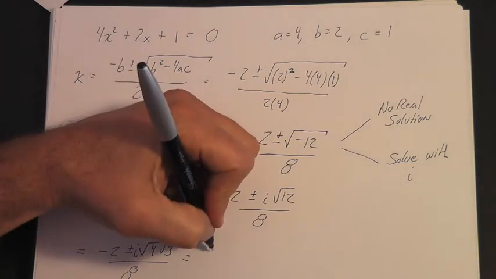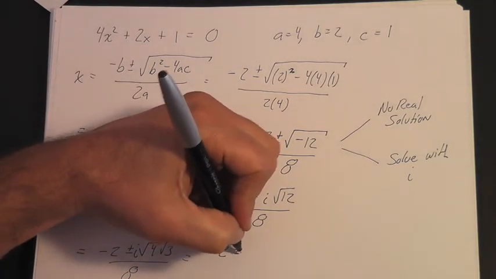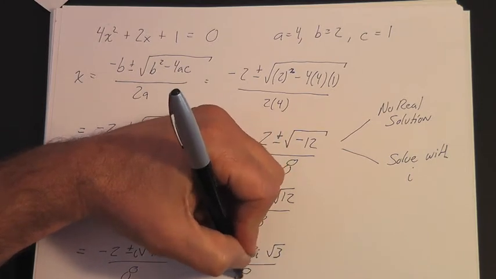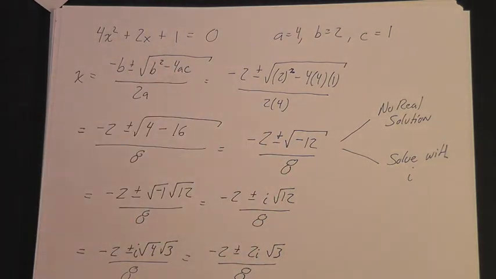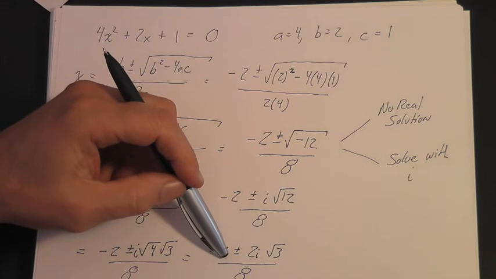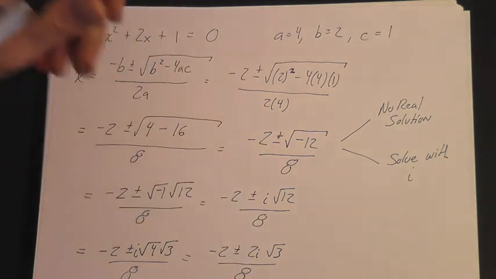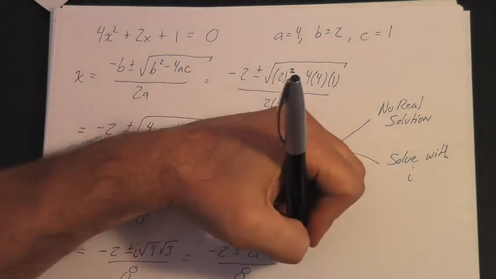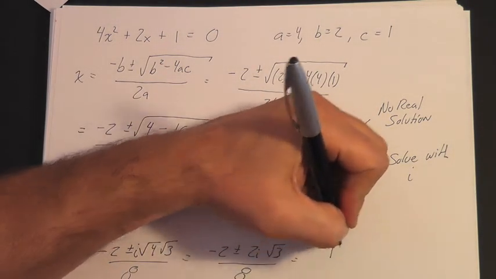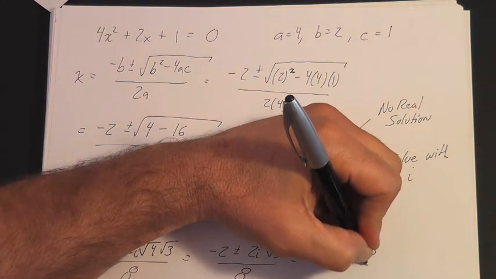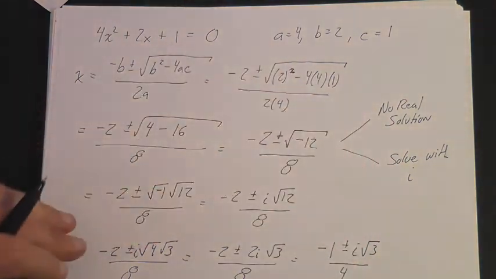Square root of 4 is simply 2, so that's minus 2 plus or minus 2i root 3 over 8. The 8 and the 2 don't separately cancel, but since you can cancel the 2, the 2, and the 8 all together, 2 goes into all of those. So you get minus 1 plus or minus i root 3 over 4.